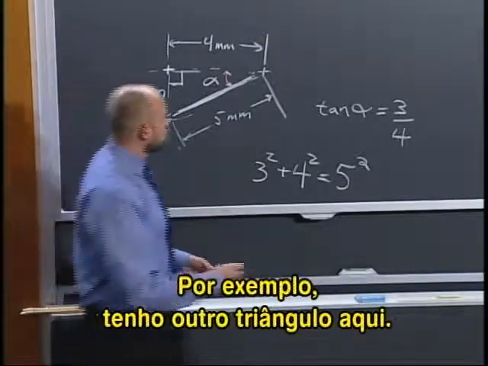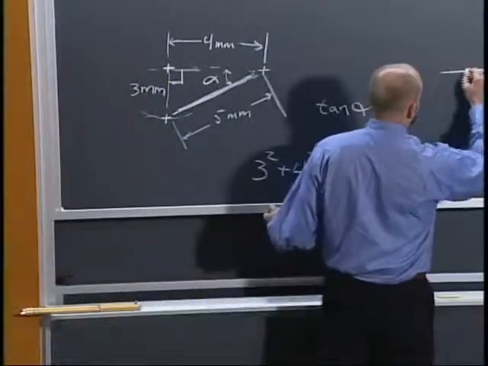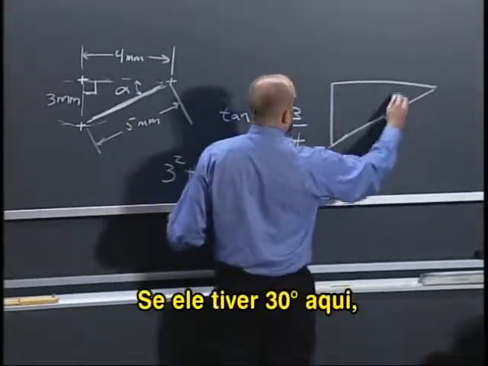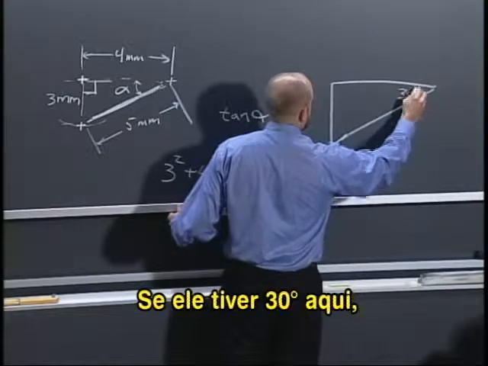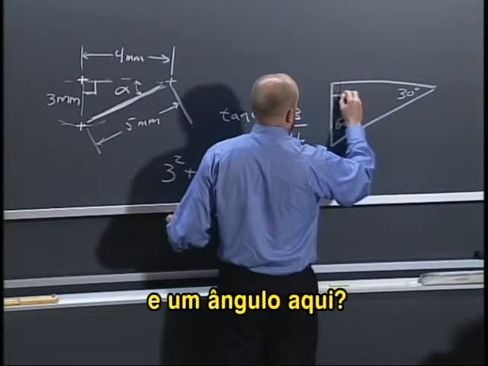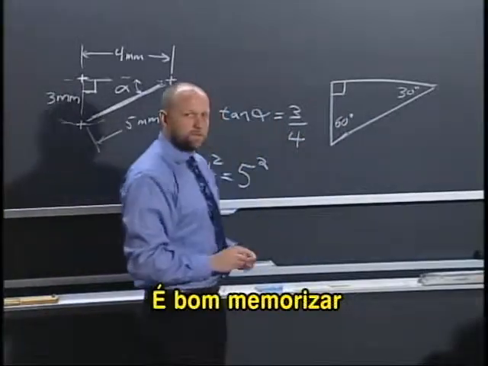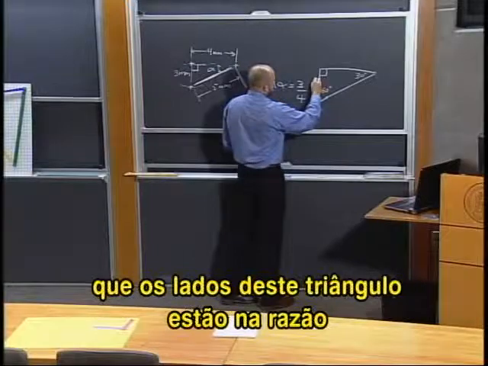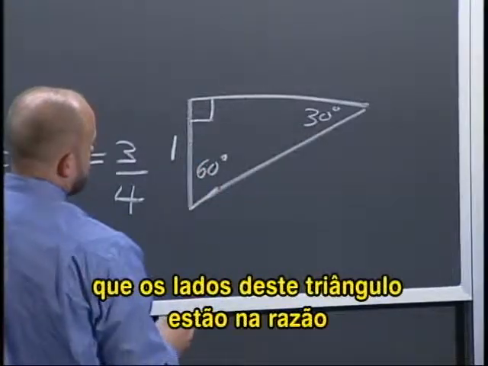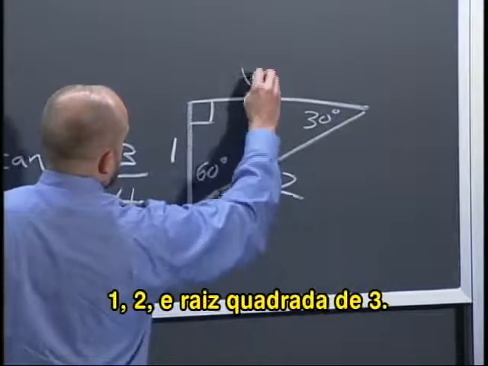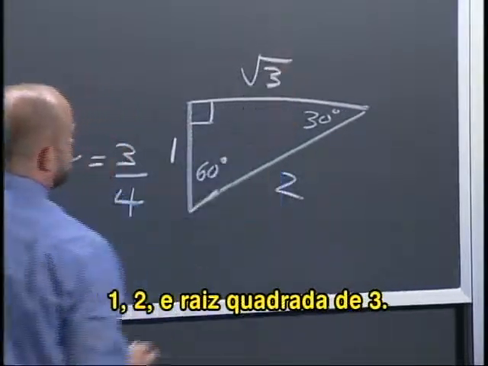For example, I can draw another triangle here. What if it has 30 degrees here, 60 degrees here, and a right angle there? One thing that you might commit to memory is that the sides of this triangle are in the ratio 1, 2, and the square root of 3.